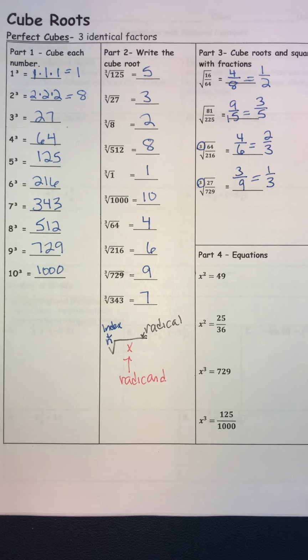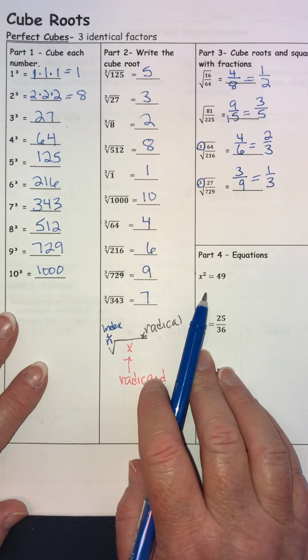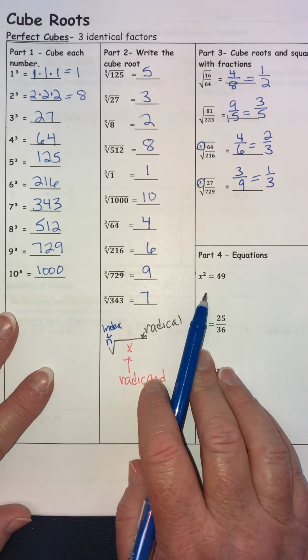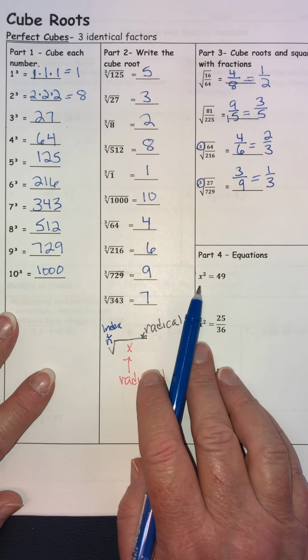Okay, and the last section we're going to look at is equations. So, I have x squared equals 49. I have to get the x by itself. It's not by itself, because x squared is the same as x times x.